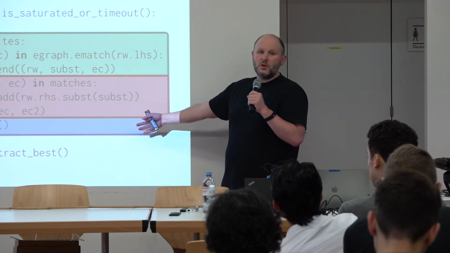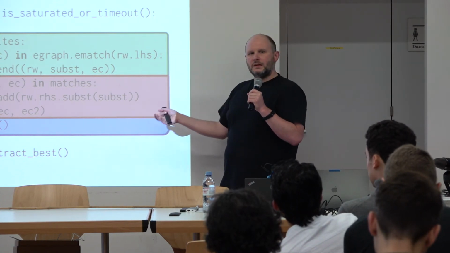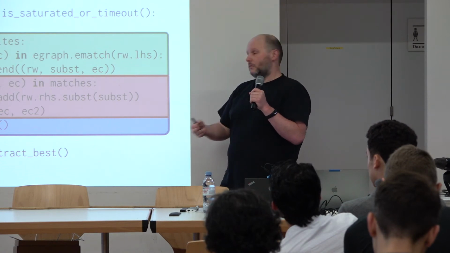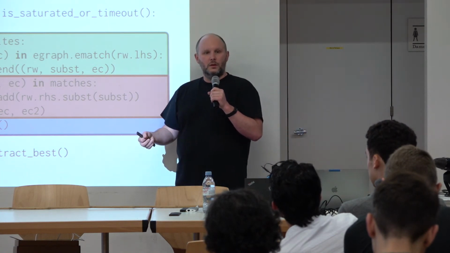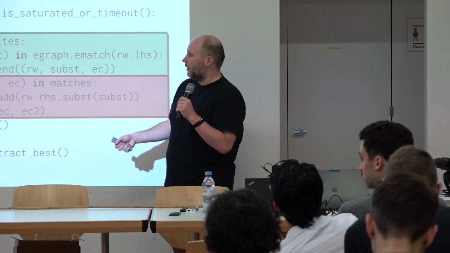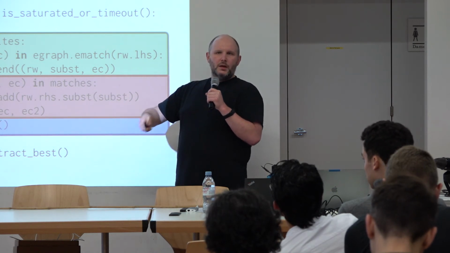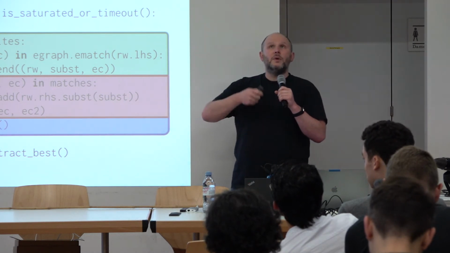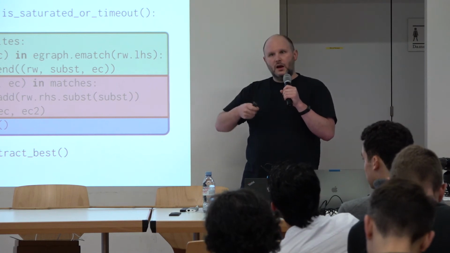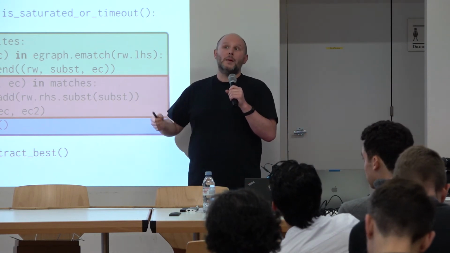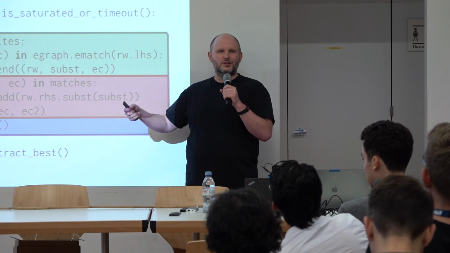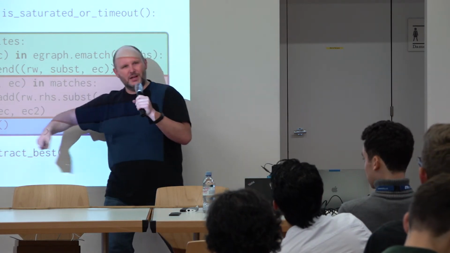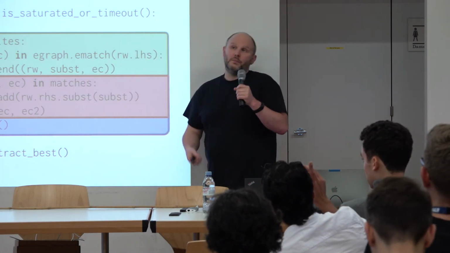And you have to restore it. The thing that's frustrating about congruence is that you have to do it to fixed point. Because if A becoming equal to B causes me to merge f of A and f of B, well, that might cause me to merge g of f of A and g of f of B, and that might cause me to merge h of... So you have to walk arbitrarily up.